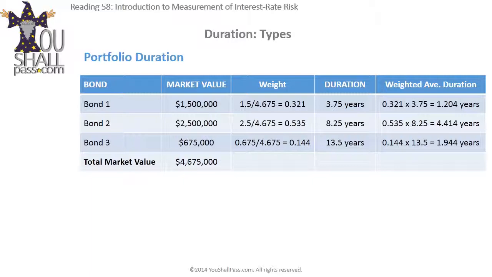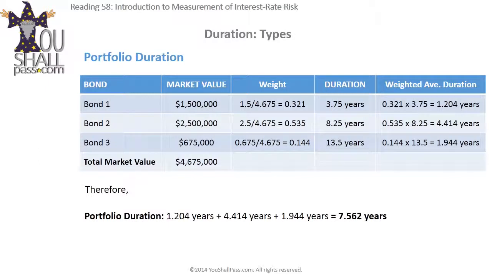And as you can see, we've worked out the weights of each bond's market value relative to the total market value, and then weighted the duration by the respective weights. You sum up the weighted average durations, and you get the weighted average duration of the portfolio. In this case, it's slightly above 7.5 years.